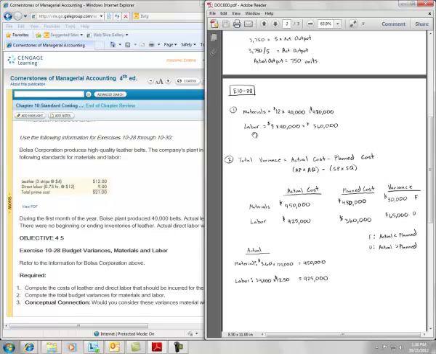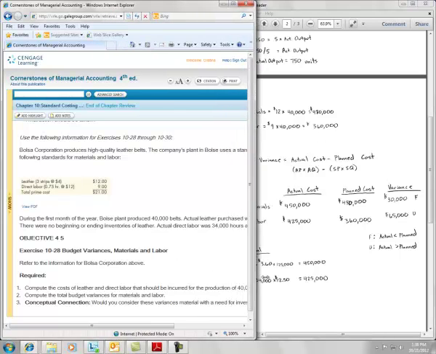Next up, if we look at the labor, same type of calculation, 40,000 units. Looking back to our table, we see that direct labor in this case is $9. So again, just multiply this out, and we see that the labor is 360,000.